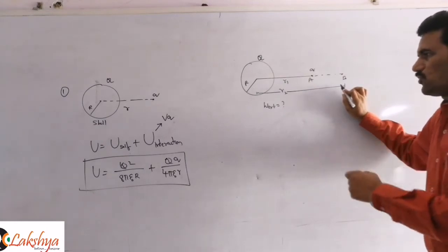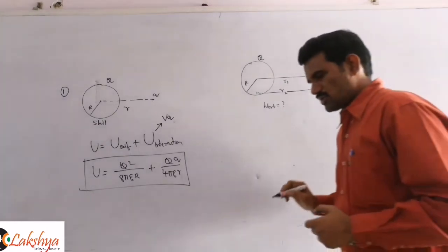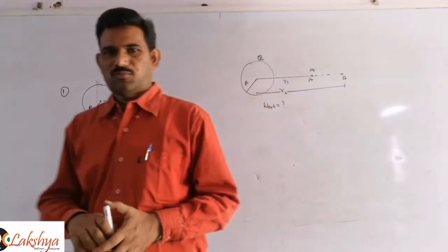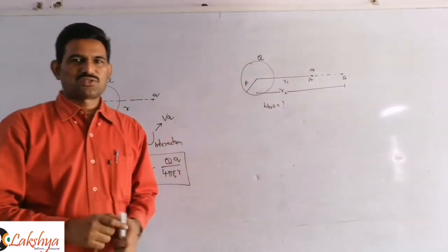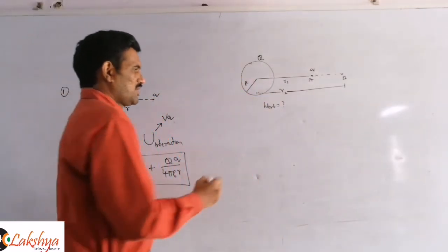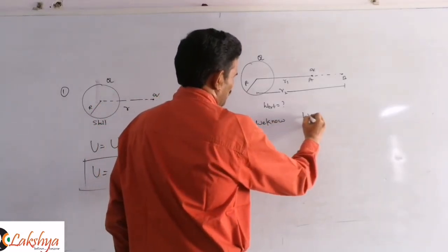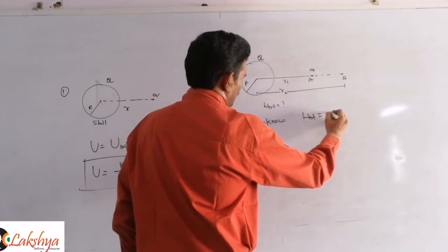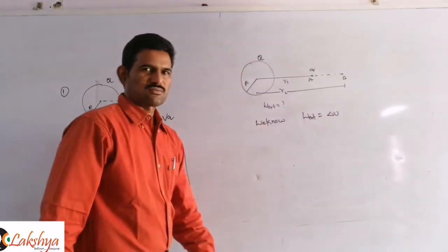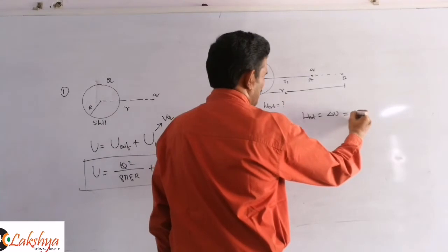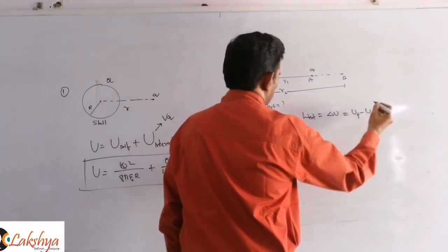For example, if you want to find work done, we already solved such problems when we were discussing potential energy. Whenever the charged particle is slowly displaced, the work done by the external agent we can write as the change in potential energy. The change in potential energy is final potential energy minus initial potential energy.